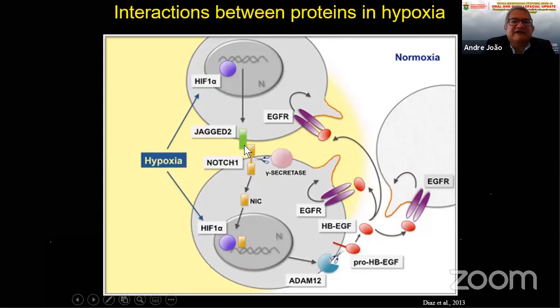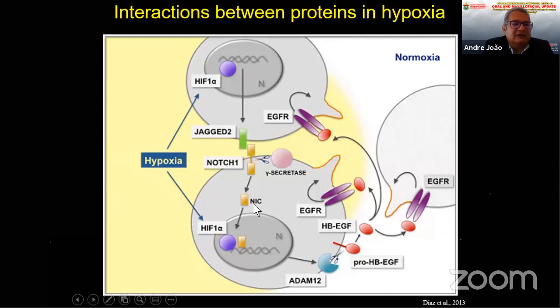JAGD2 binds and activates NOTCH1, which induces the expression of gamma secretases; then they cut the NOTCH1 and release the intracellular NOTCH1, and this NOTCH1 is translocated to the nucleus like a hyphen alpha. Look, this is in hypoxia condition.